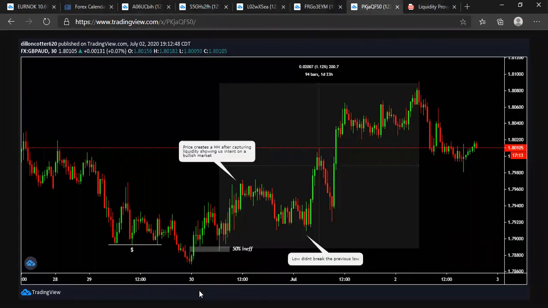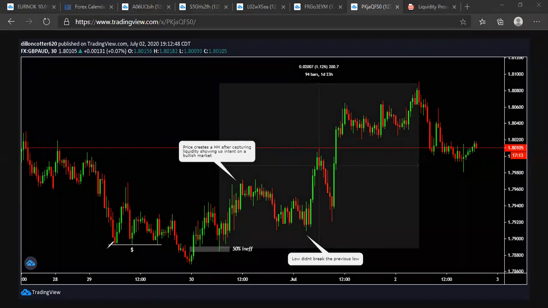So back on this chart here, we located the equal lows, right? So once again, what is liquidity? It's money. So where is the money?